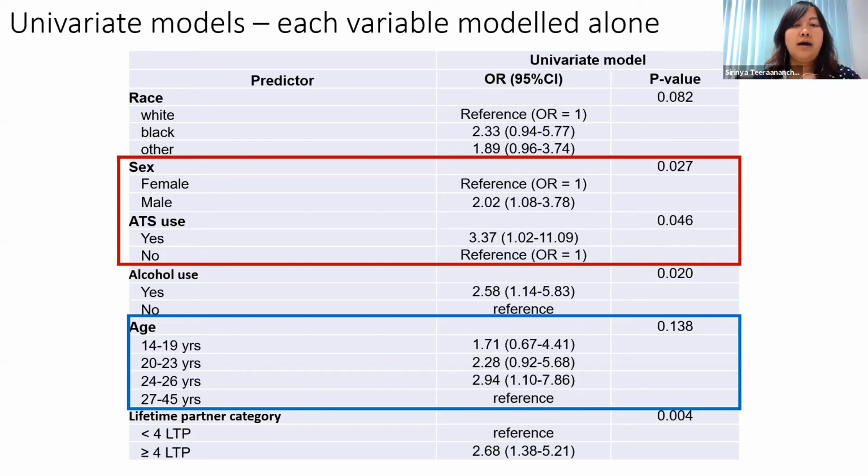And for the age group, there is an increasing trend of odds, but it's not significant at p-value less than 0.1. So in the first step, we will not include this in the model.